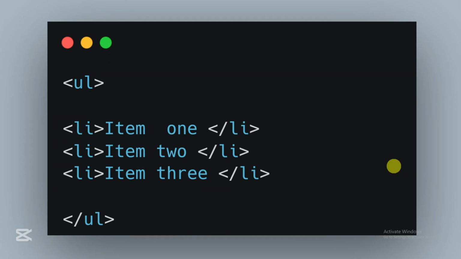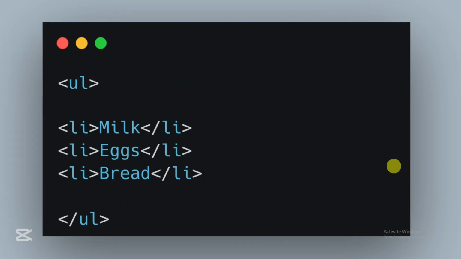This means if you want to list your shopping items in an HTML document, what we demonstrated earlier, where you had the milk, eggs, bread, if you want to now list it using your HTML syntax, this is what it's going to look like.